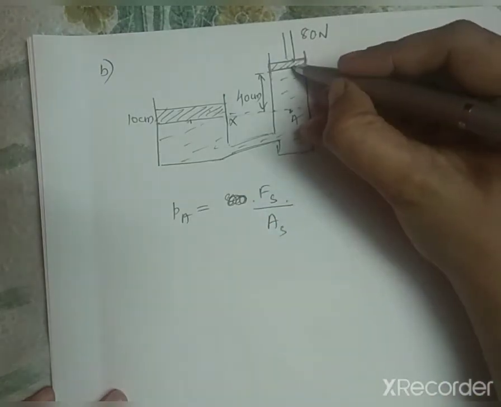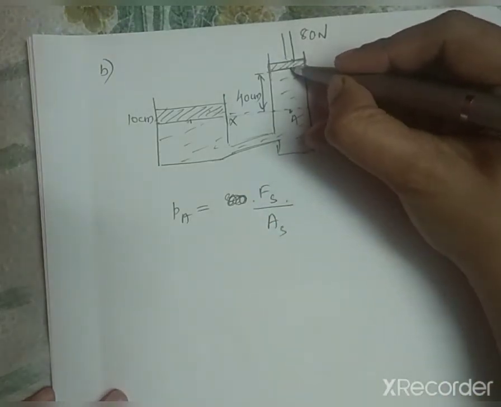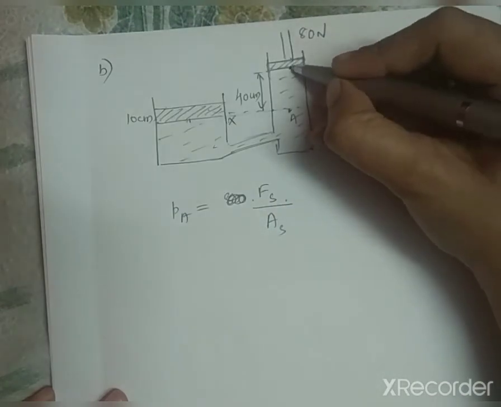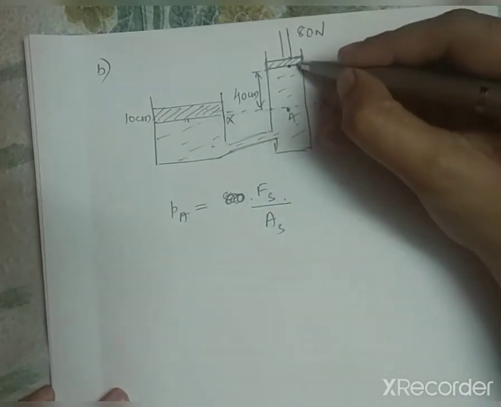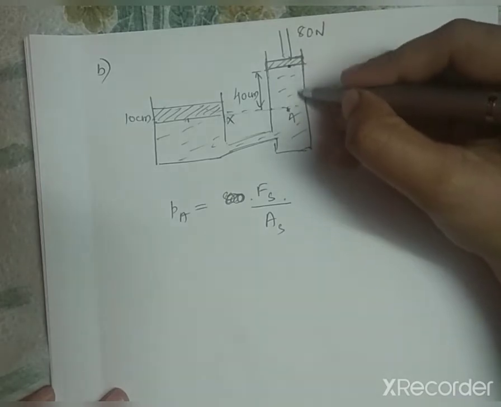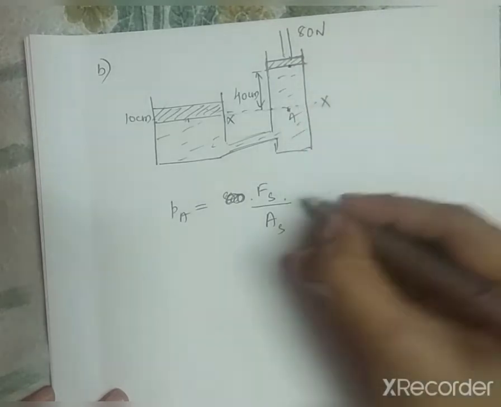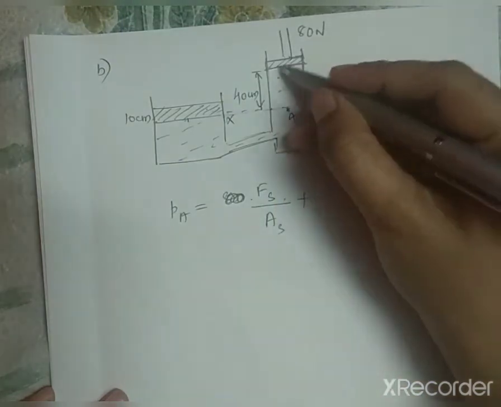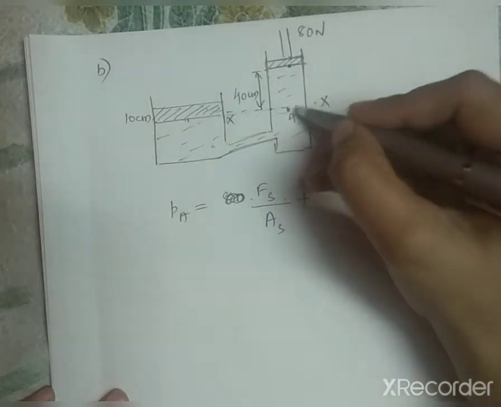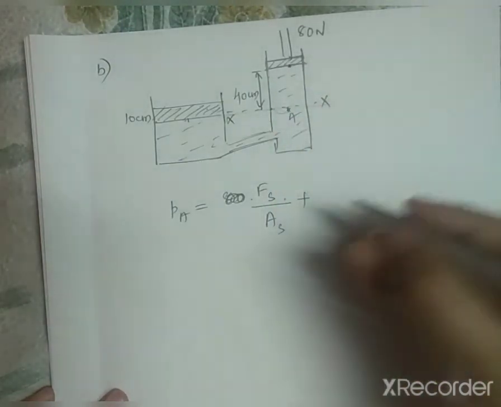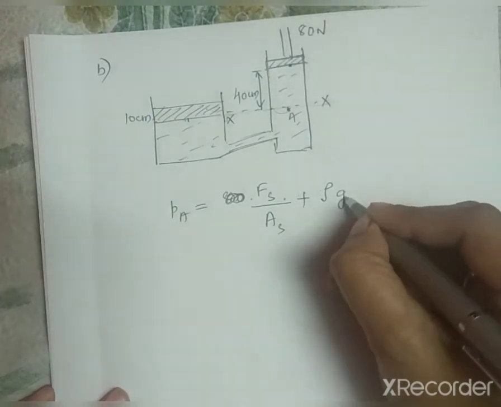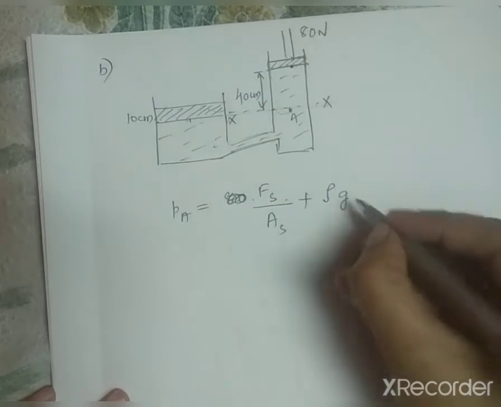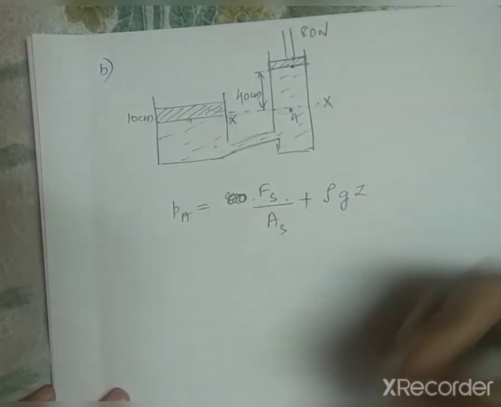So the pressure at this point I have got as Fs by As, but I don't need this one. I want the pressure intensity at A, so this much pressure I have to add, plus the pressure due to this particular 40 centimeter column. So what is the equation? Rho G into the height, let it be Z.